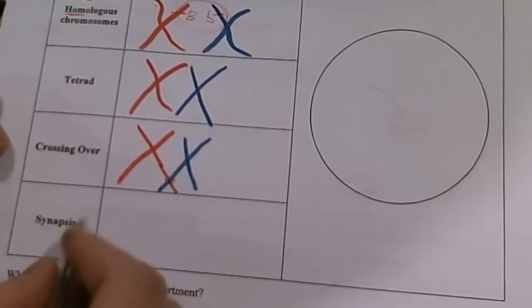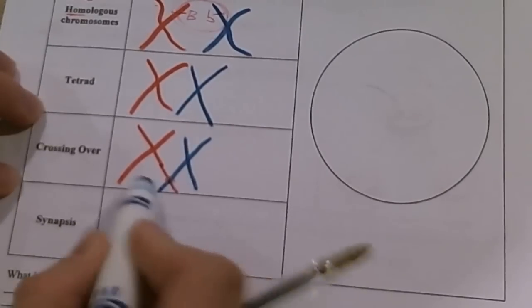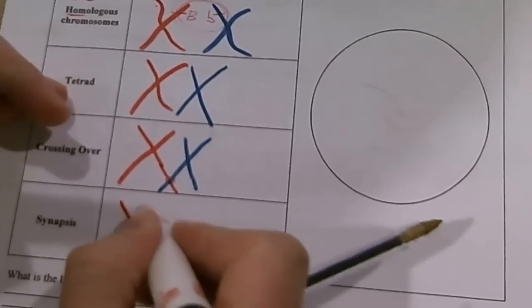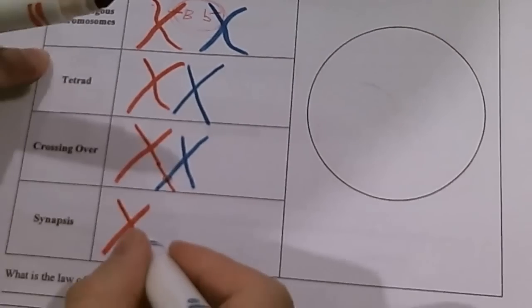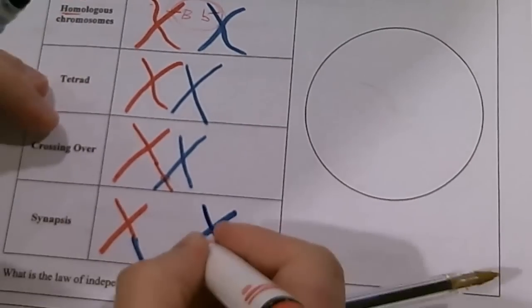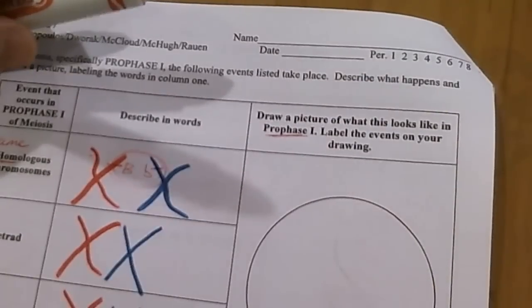And then synapsis is where they share a little bit of that DNA. So after these guys cross over and split back apart, they're going to look like this. Do you see how some of that DNA got swapped over? That occurs in prophase 1 of meiosis.